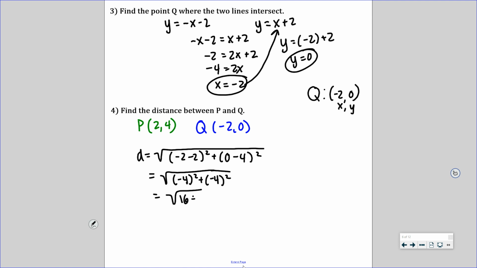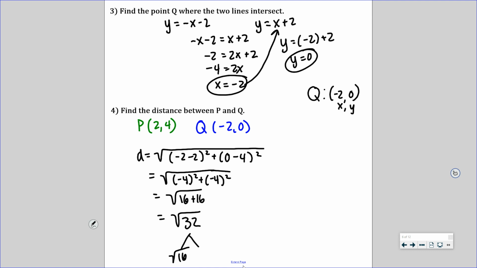All right, we should all be getting 16 plus 16 under a radical. Should be getting the square root of 32. No matter what order you did it in, I kind of did it in a weird order that time. Got a lot of negatives. Doesn't matter. Should still get the square root of 32.